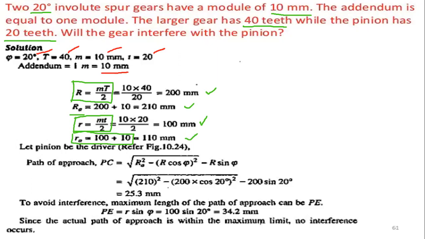Now we need to find the path of approach, that is PC. So we have a formula for the path of approach there. So by substituting in this formula, we need to find this.